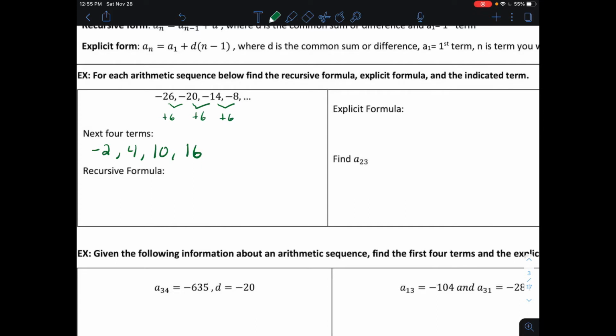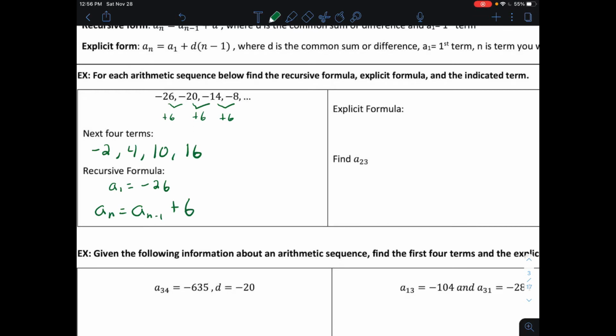Now recursively, for our recursive formula, the first number we were given was negative 26. To get from one number to the next, a_n would equal the previous term, a_(n-1), plus your common difference d. Well, our d is adding 6 each time.